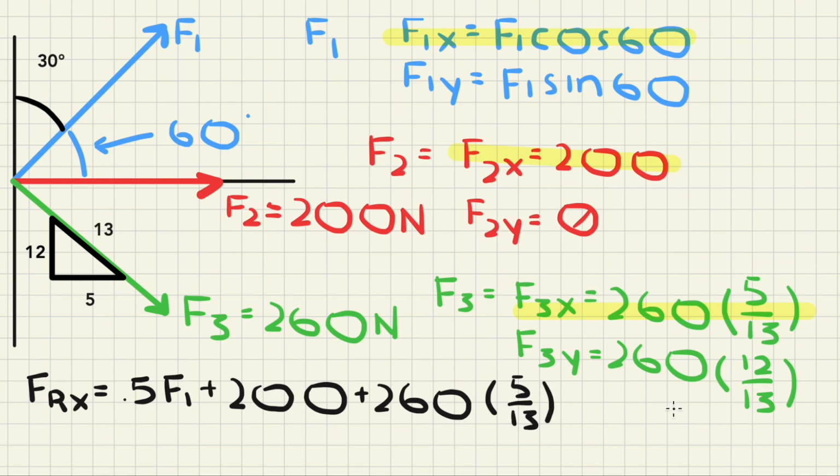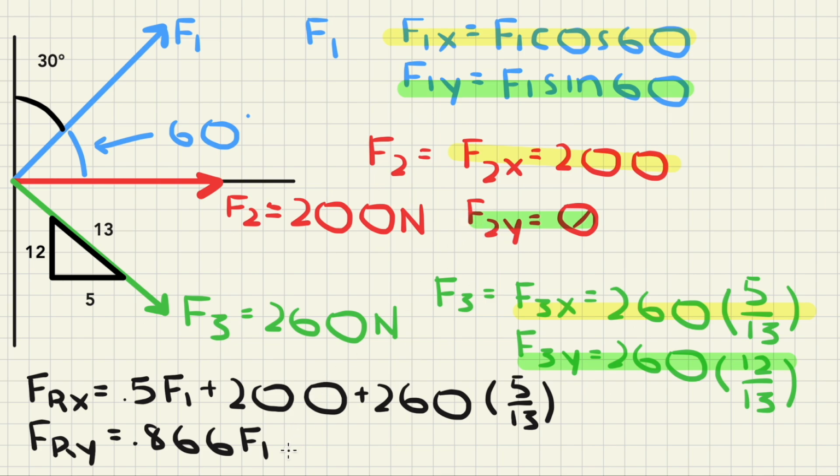And then we're going to do the same thing for our y components. So it's this one, and this one. So the sine of 60 is equal to about 0.866. So we're going to write 0.866 F1 and then plus 0 because we don't have anything in the y direction for F2.